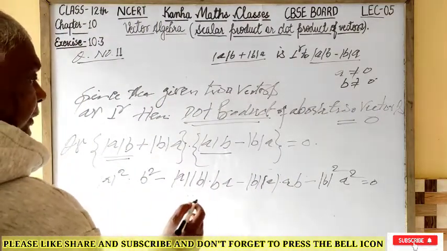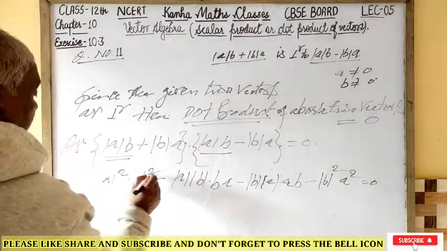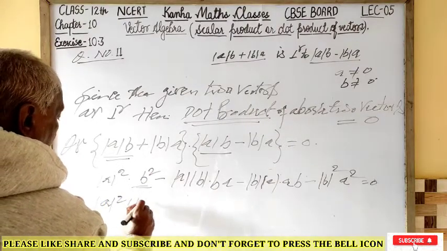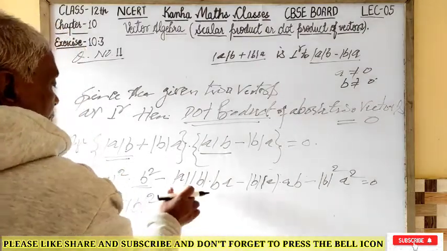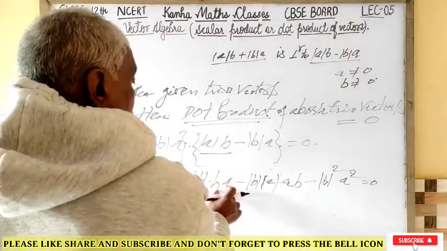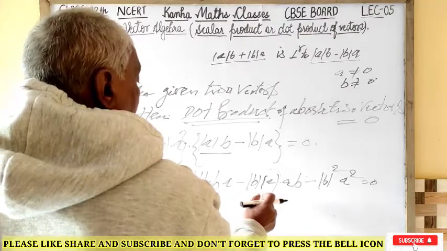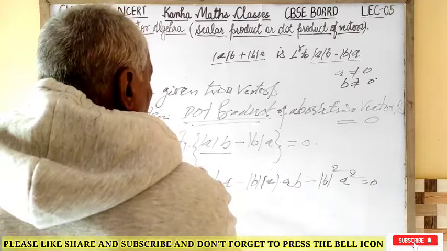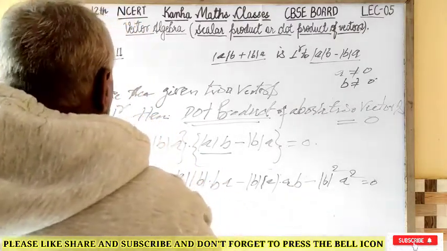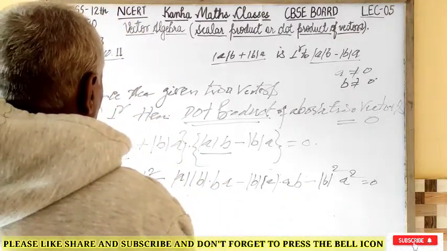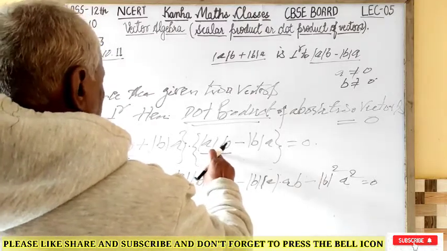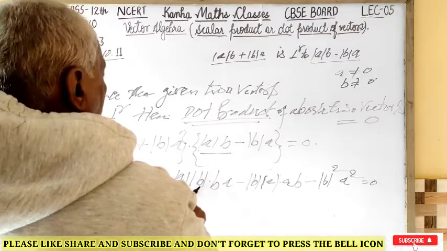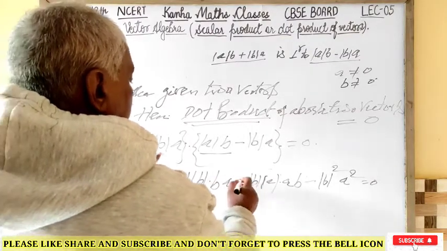We clearly see this may be written as |A| squared |B| squared, |A||B| (A dot B) and |B||A| (B dot A). This is the same, because product of this and this is this, and product of this and this is plus.